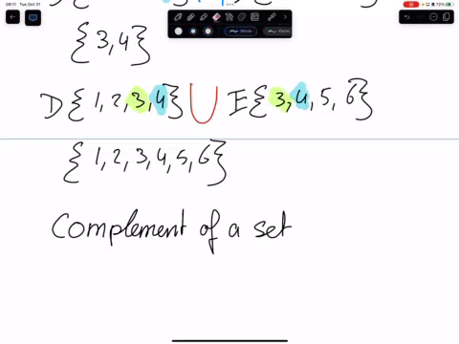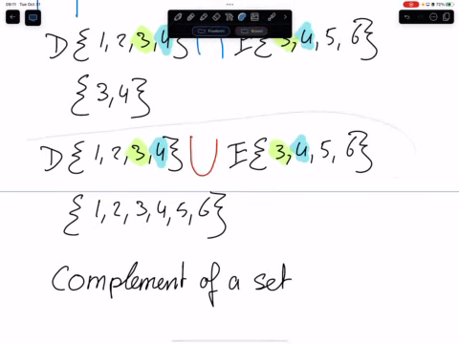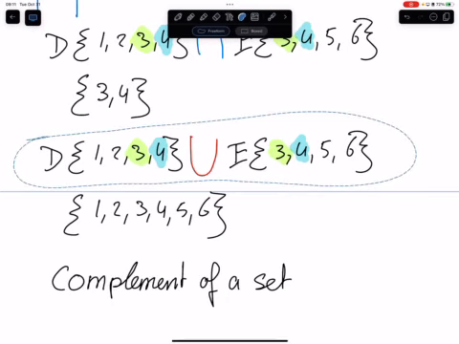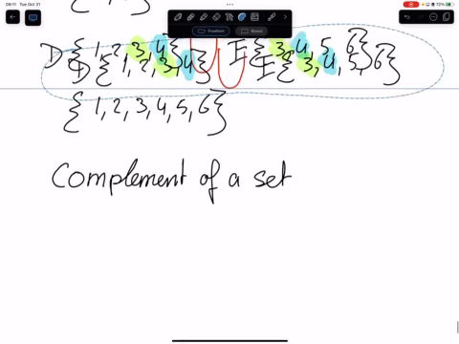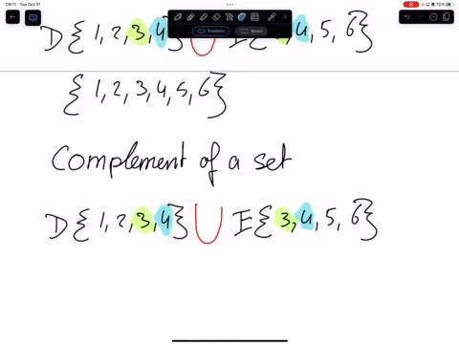To give a clear indication, I shall reuse the previous example. I have two different sets, D and E.